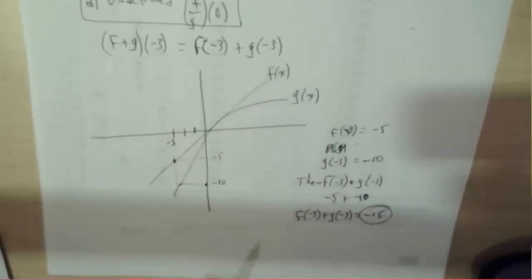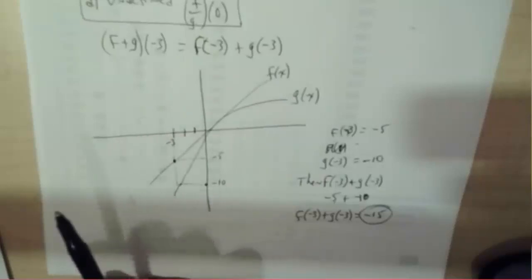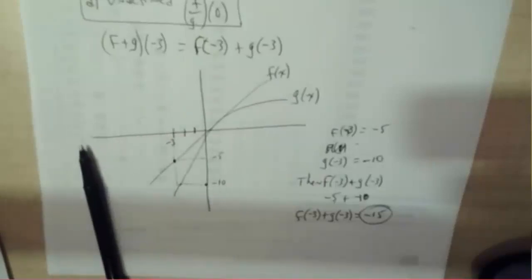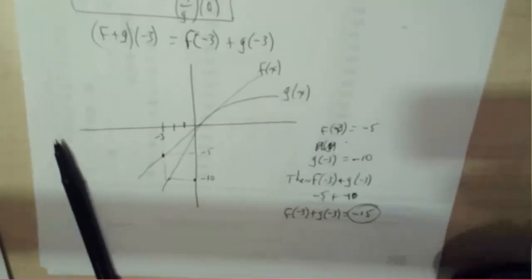Like I said, I'm sorry, but it's been a long time since I've done these, but I think this is pretty close. And the other ones are the same way. Just find out where, here we had negative 3, and where did it touch the f of x? At roughly negative 5, something like that.